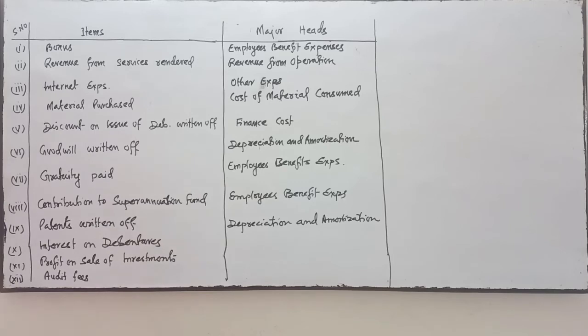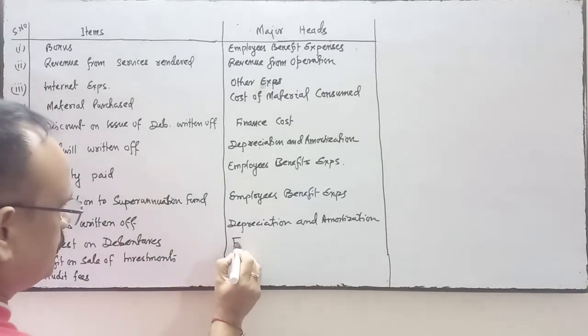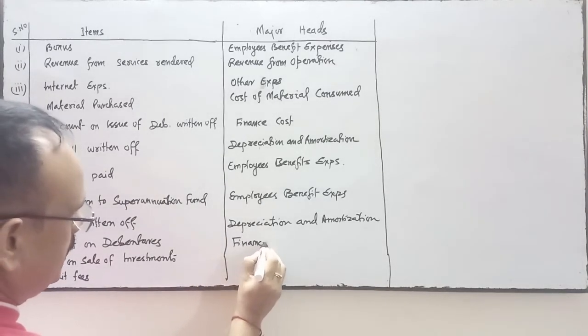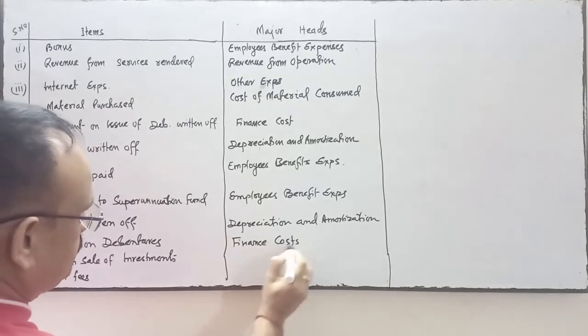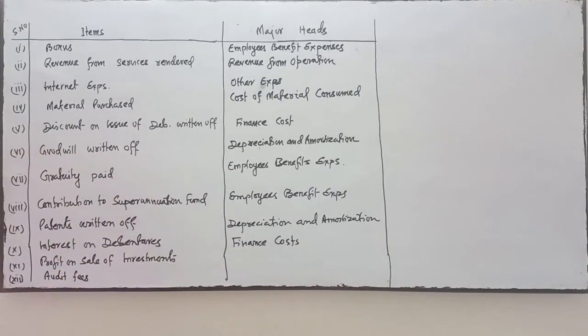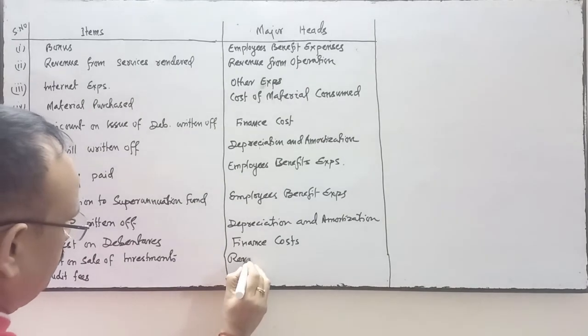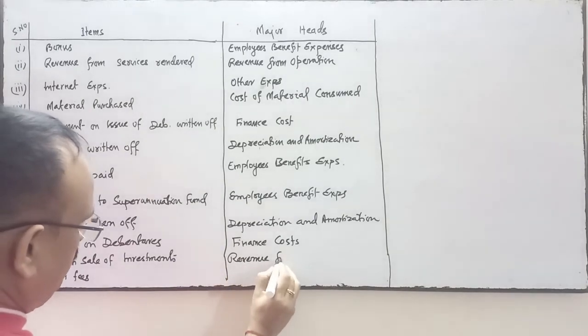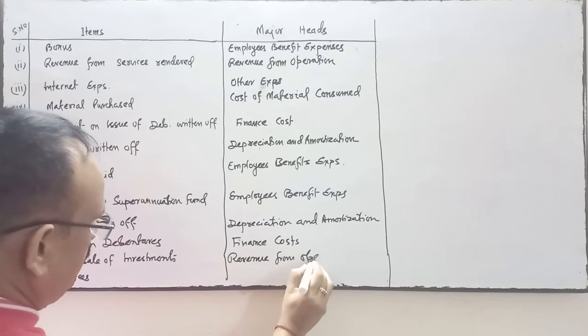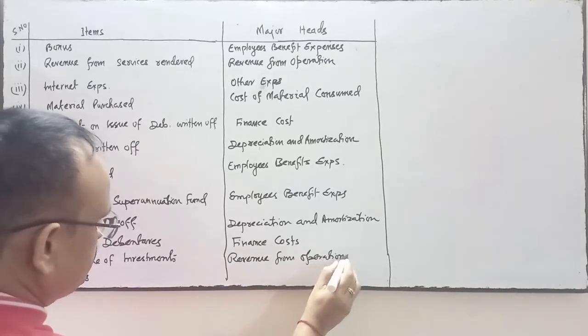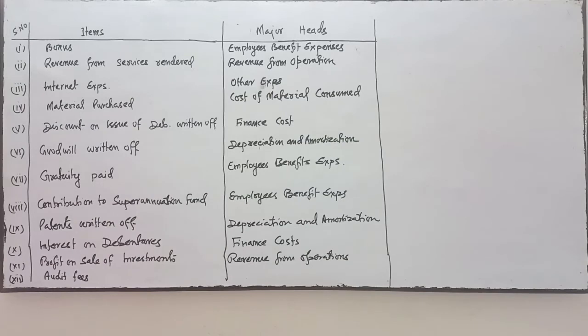Next is interest on debenture. Interest on debenture comes under finance costs. Next is profit on sale of investment. Profit on sale of investment comes under revenue from operations.